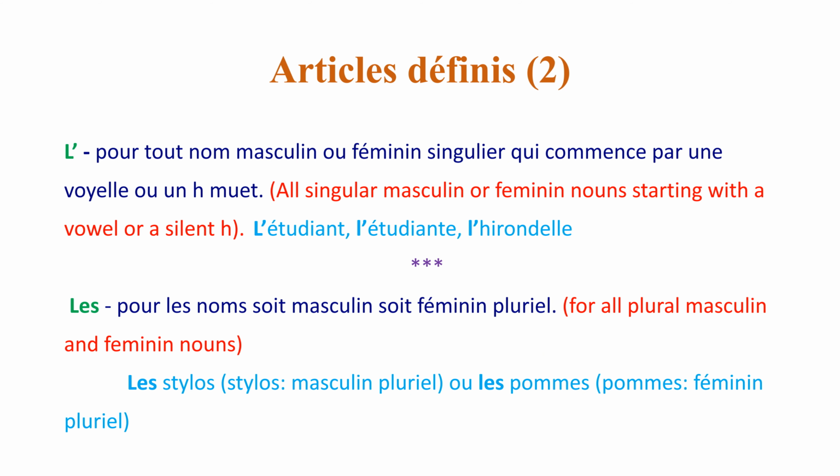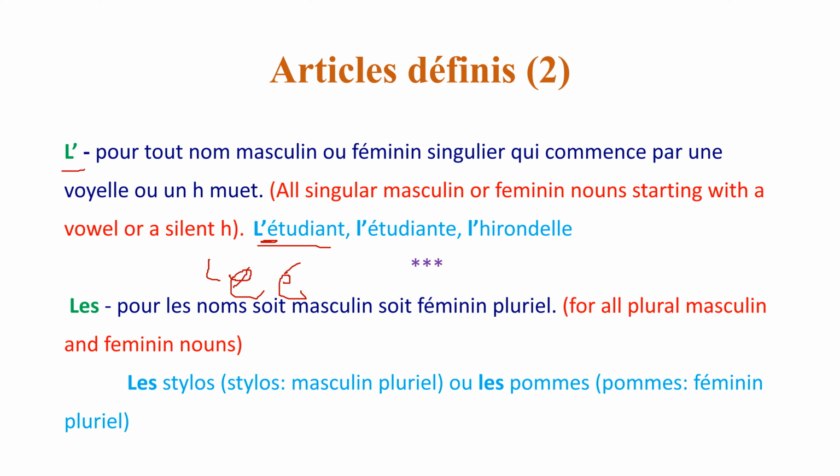Continuing on with article défini, definite articles, we put l'apostrophe for all singular masculine or feminine nouns starting with a vowel or a silent H. L'étudiant is masculine, singular, we put l'apostrophe. Why? You remember we said what we call the elision, because E is a vowel, we cannot have le and then un étudiant here.